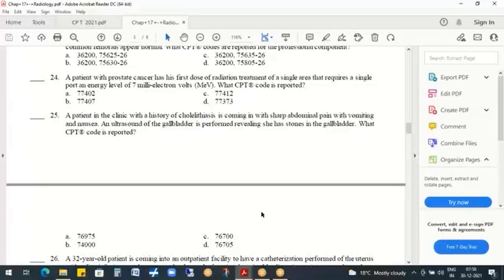Radiation treatment, single area. You can see electron volts means it is delivery. What is the code for single area delivery? 77402. Understood everyone? The key terms?